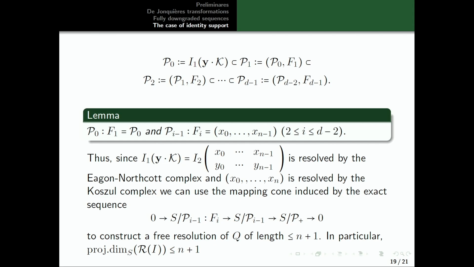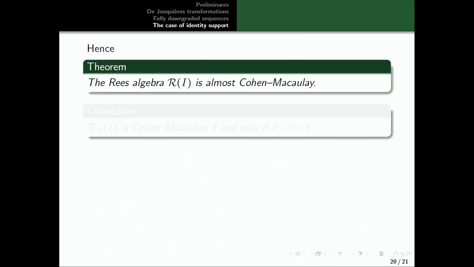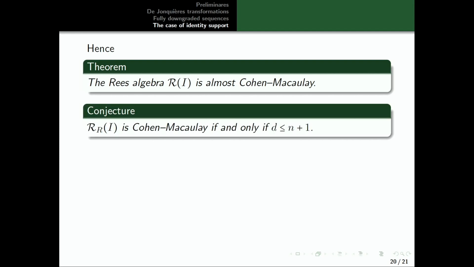In particular, we can deduce by the Auslander-Buchsbaum formula this theorem, that the Rees algebra is almost Cohen-Macaulay.